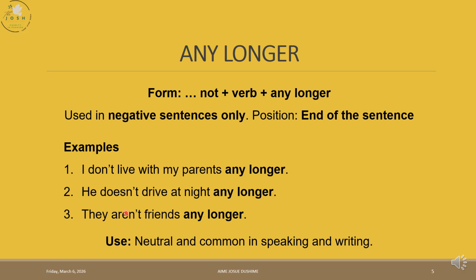A gerund also plays the role of a noun. You just put a noun or an adverb at the end. It is used in a neutral way, common in speaking and writing. Remember we said that no longer is more formal, mostly in writing, and this one, any longer, is used in both writing and speaking.